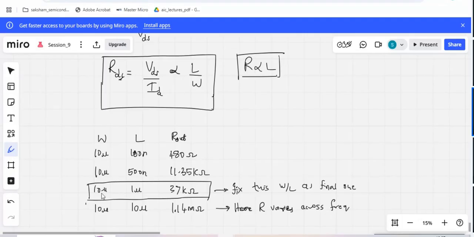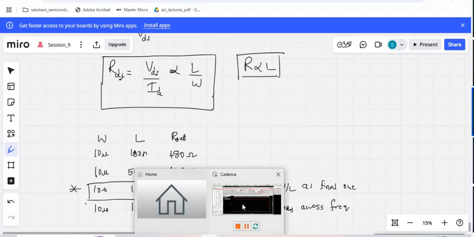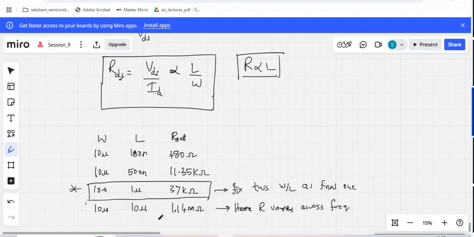So henceforth, in order to design our current source, I'll be fixing up my W as 10 micro and L as 10 micro, which is going to give a good amount of output resistance.